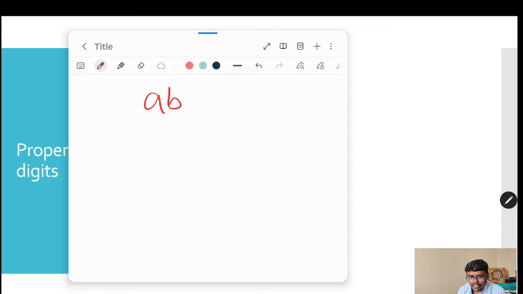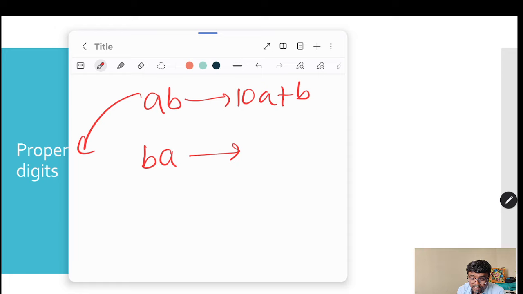As I already told you, A is a digit and B is a digit, so the value of this is 10A plus B. If the digits are interchanged, meaning it is written in reverse, that means BA. Now its value is different, right? This value is 10B plus A. Here is an interesting concept.